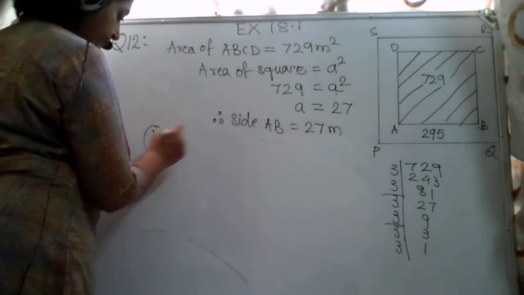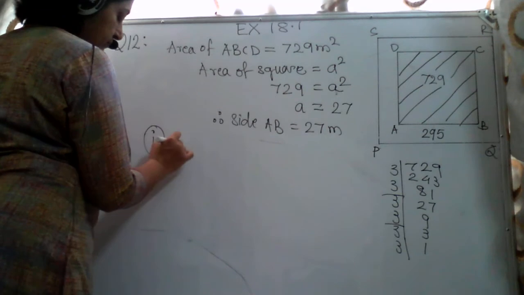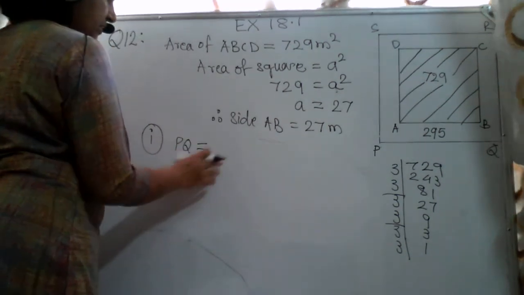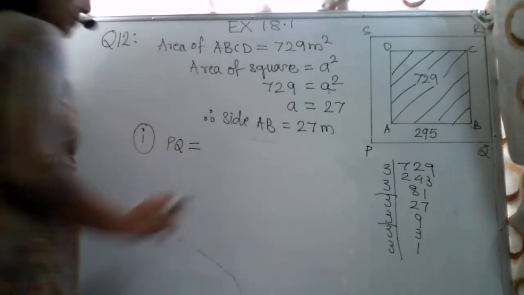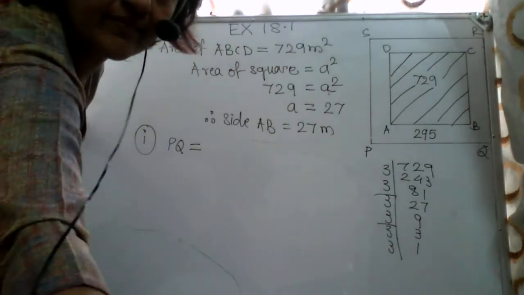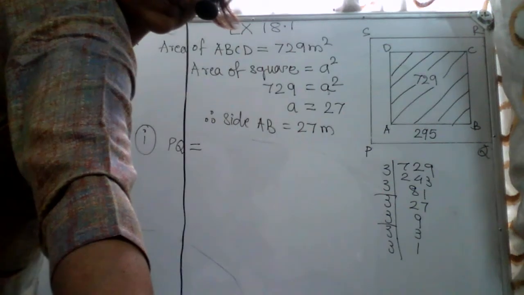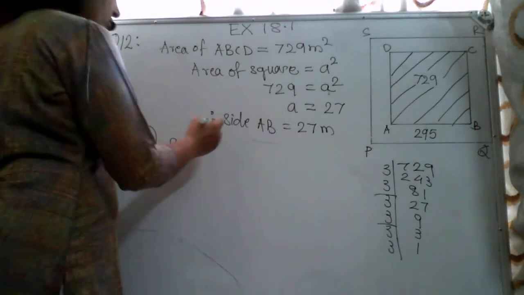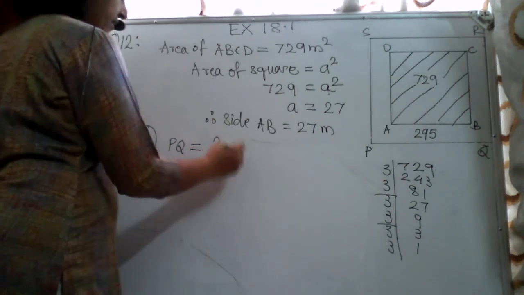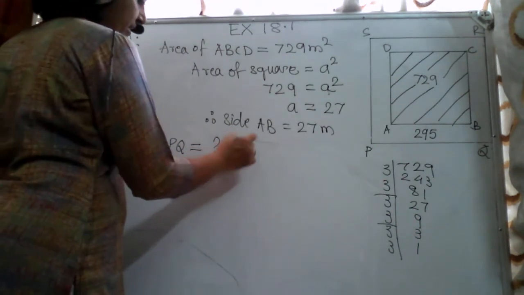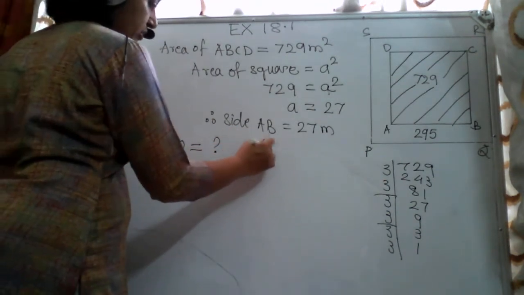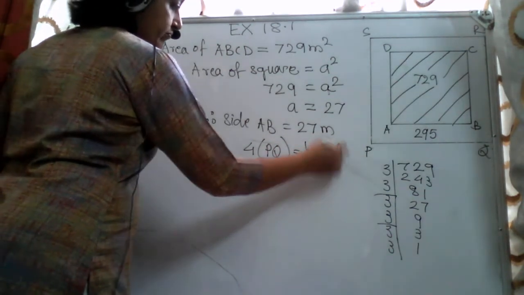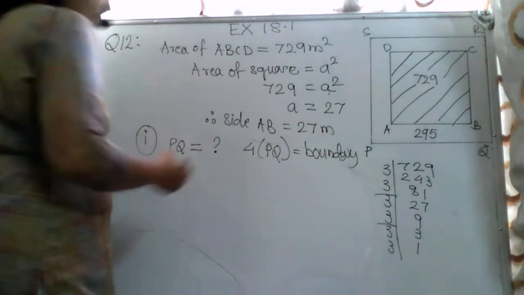Now PQ is equal to how much we have to find, and then we have to multiply it by 4, 4 times PQ, which is going to be the boundary.